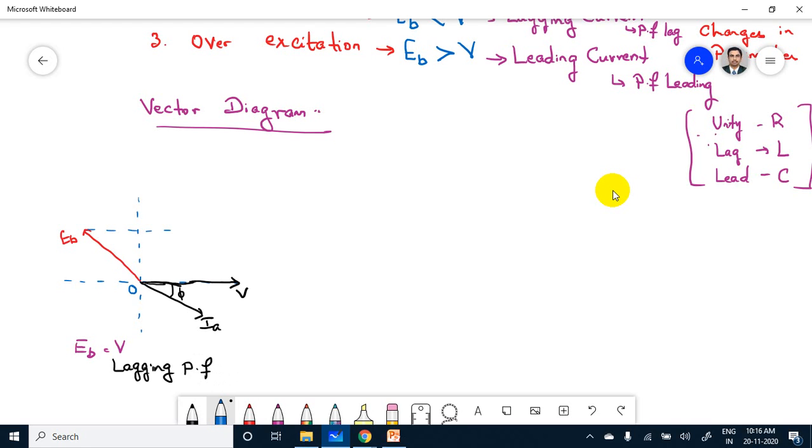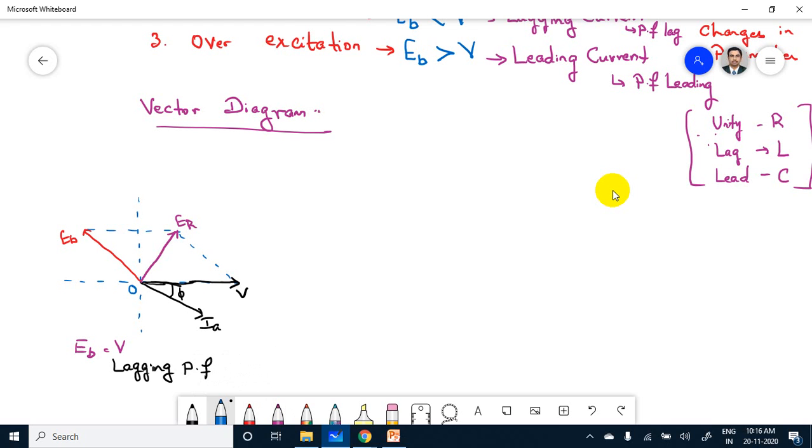Okay, now the resultant voltage, this is ER. This is ER. Now join these two.